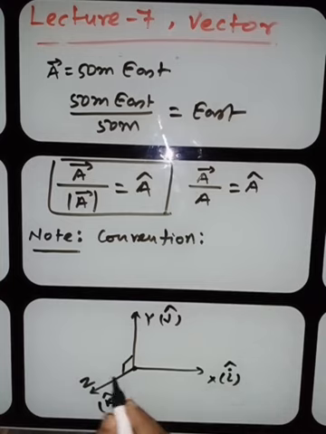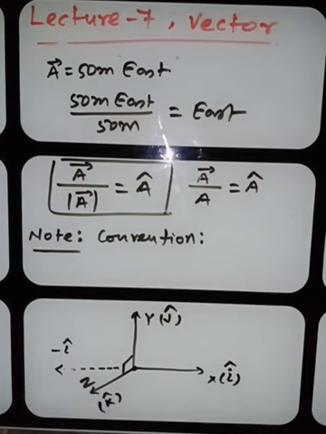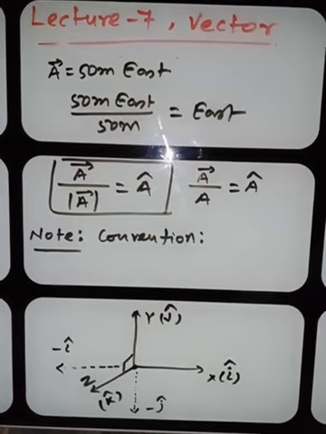If you want to represent the direction along the negative of the x-axis, then you will write minus i cap. If you want to represent the direction along the negative of the y-axis, then you will use minus j cap. This is the small i, j and k. All the unit vectors are represented with a small letter.